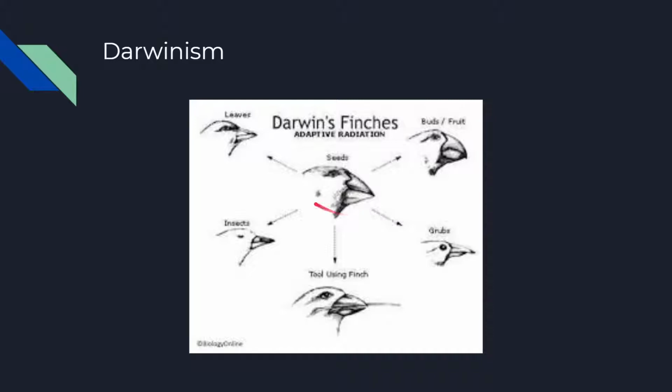So for example, if you live in an environment that is very leaf heavy, then you're going to want this kind of beak in order to eat those leaves. Whereas if you have a beak that is not good with leaves, such as the buds and fruit beak, then the beak that's specialized for buds and fruit is going to die off.